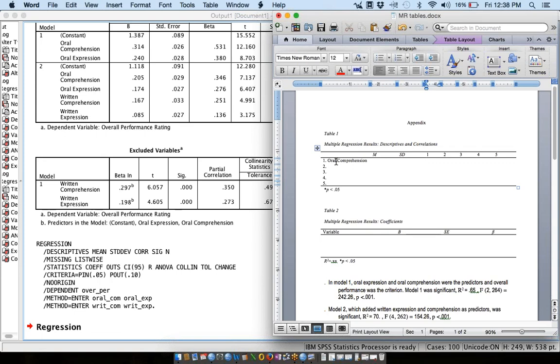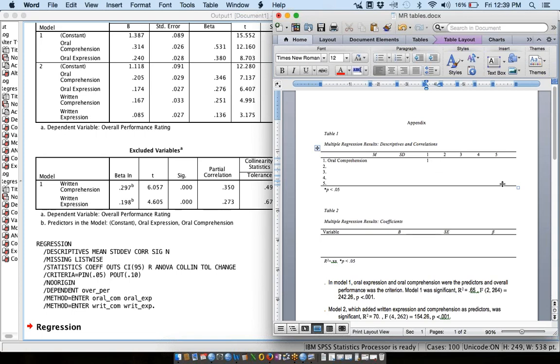Put the mean here, the standard deviation, and then 1 is going to be 1 because your oral comprehension variable is listed as 1. However you list them, you don't need to write the variable name here again. You can just use the shorthand of using the number. So you're going to fill that in.